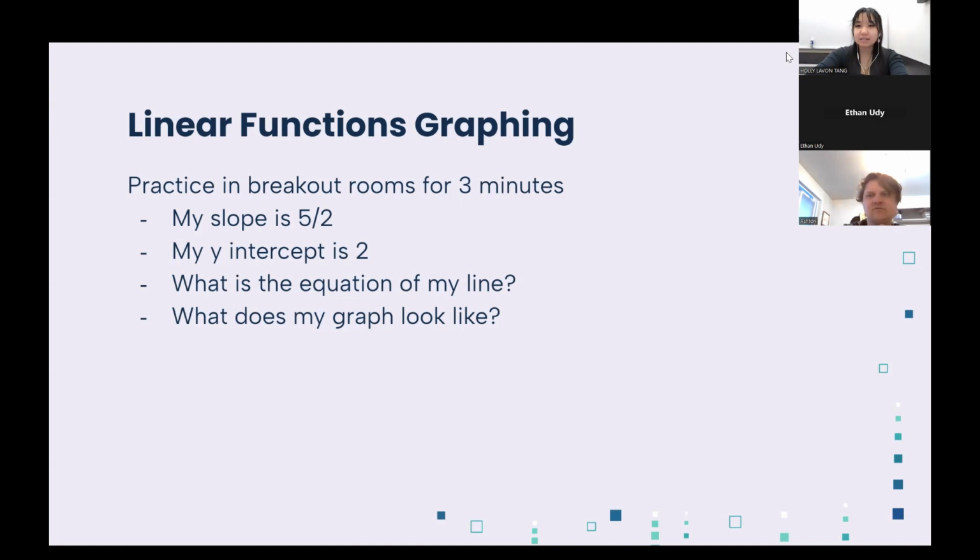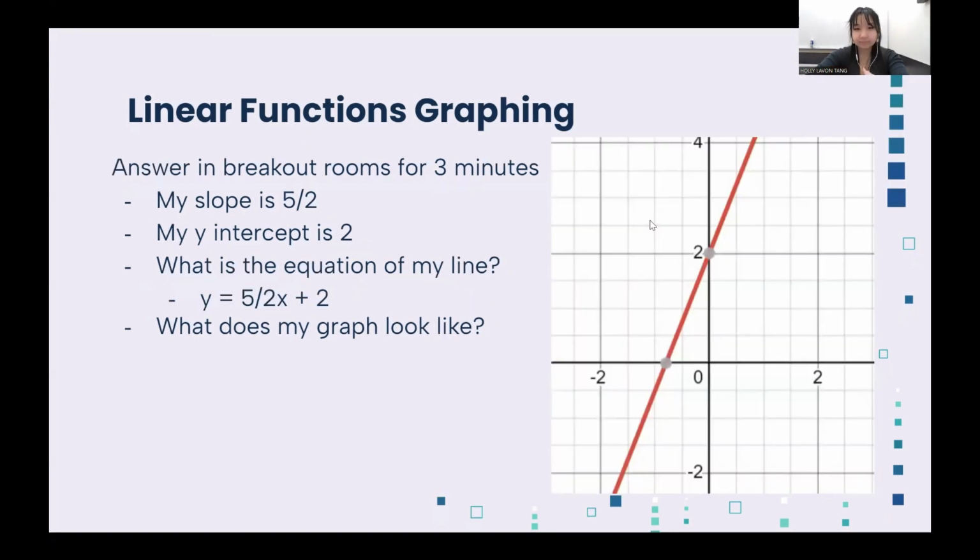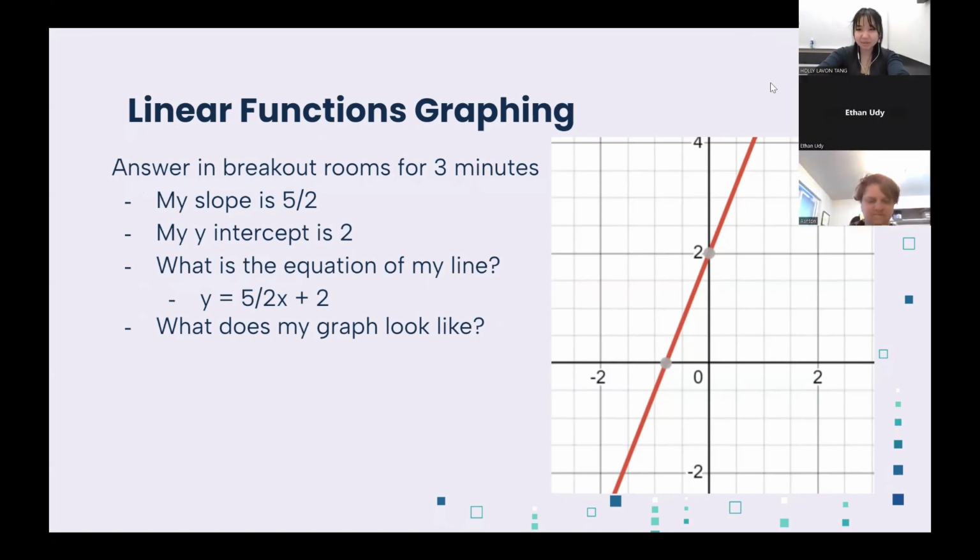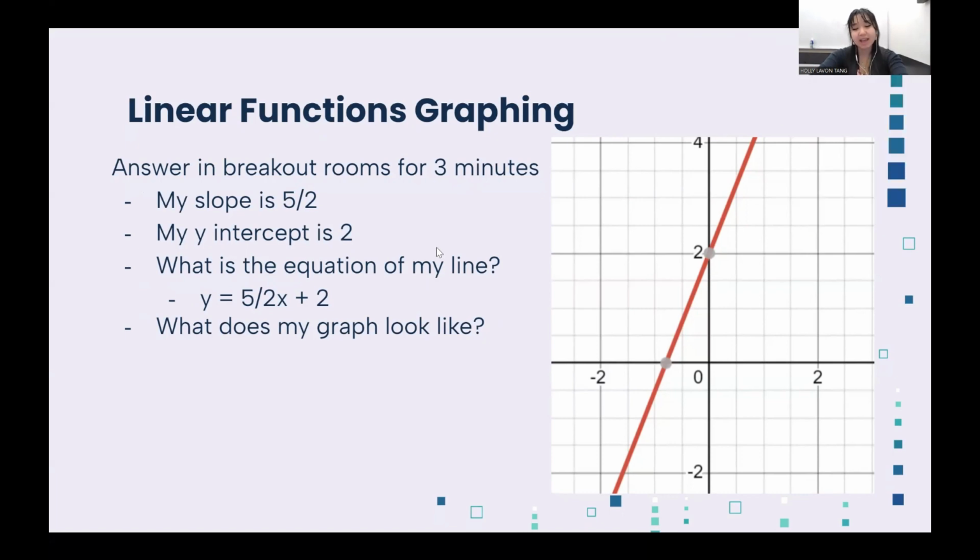All right, so is this what you guys got? Yes, that's what I got. Great. Awesome. Hopefully no troubles on this one. I don't know if you guys took a look at Wednesday's. It was a little bit different where I gave you the x-intercept instead. So hopefully you guys are able to figure that one out as well, and if not, I prompt you to go look at it.